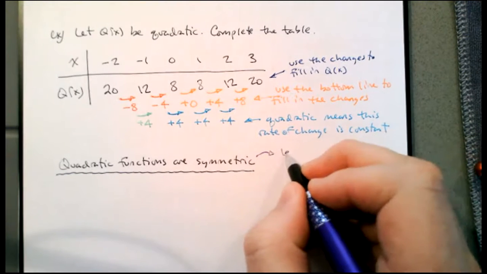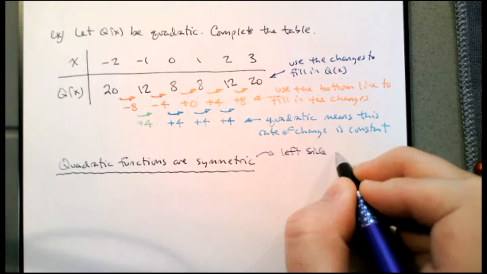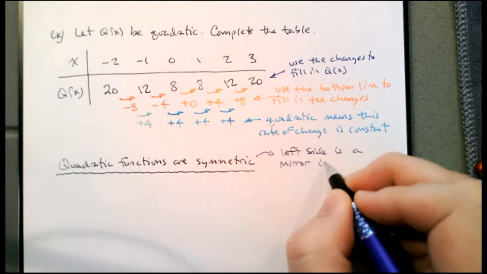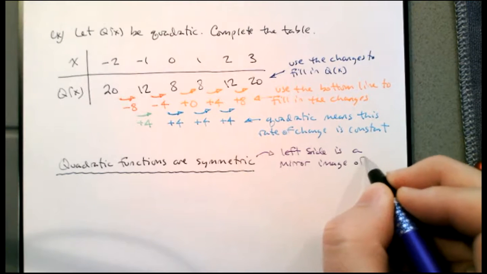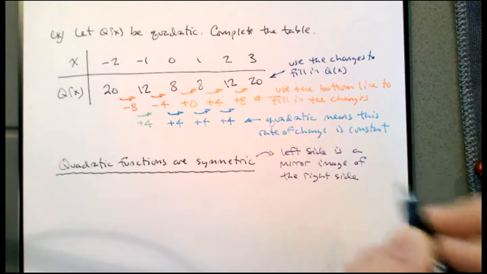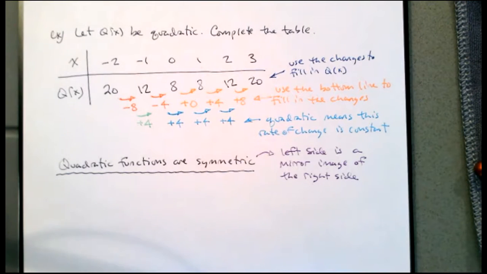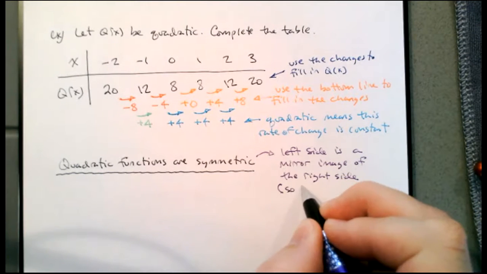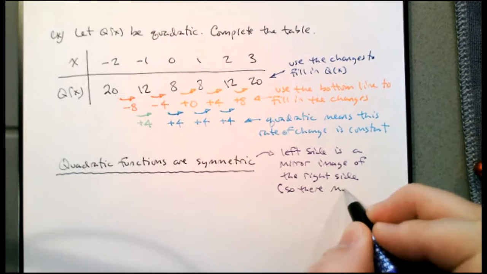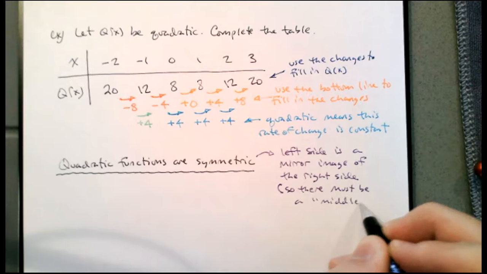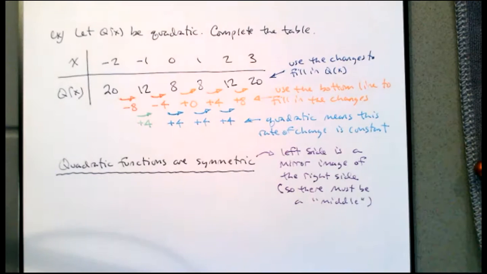The left side is a mirror image of the right side. So to have this symmetry, that means quadratic functions have to have some kind of middle. So this also means there must be some middle to the quadratic functions.